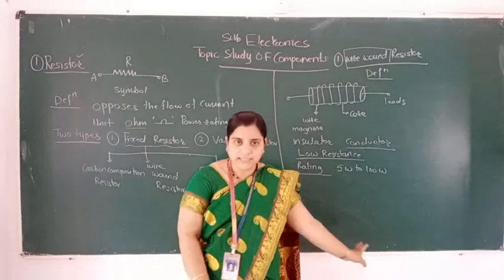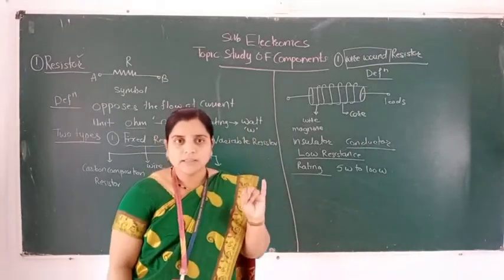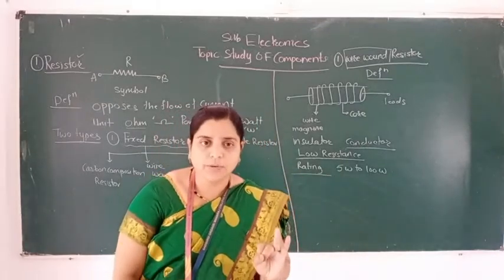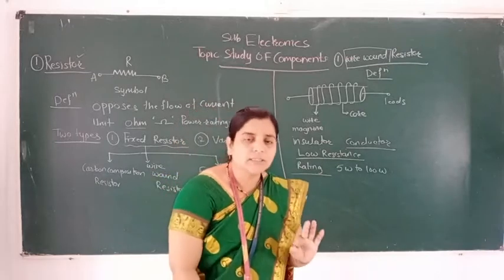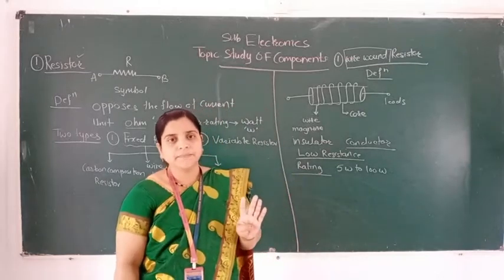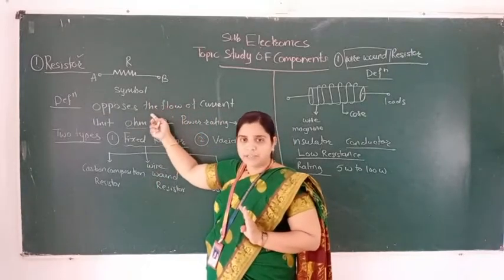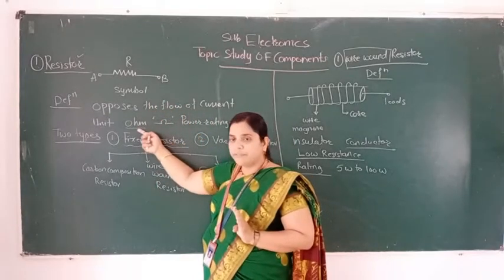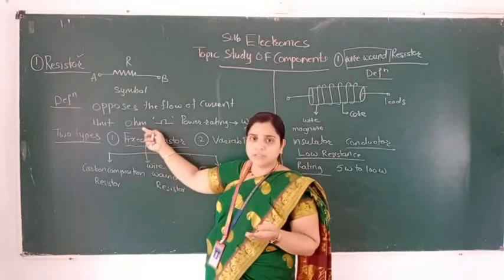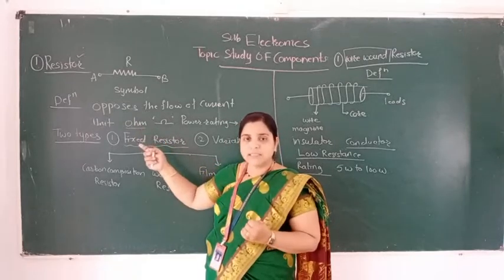Up till this you understand what is the resistor, what's its SI unit, what is its definition, symbol of the resistor. So this is the symbol of resistor, this is the definition of resistor, and the unit in which you measure the resistor.